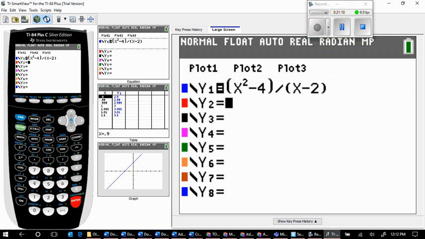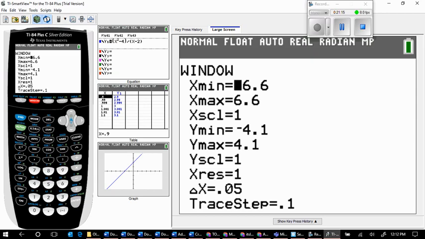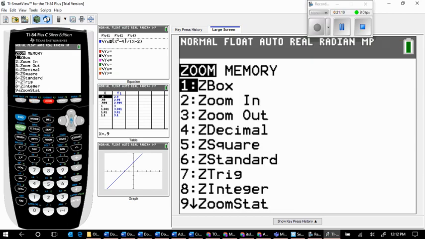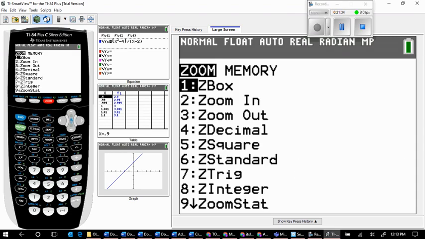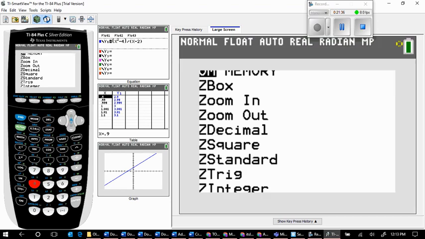For our window, we usually have a basic standard window, just like this. But again, we're going to use what's known as our DEC window. So we're going to go to Zoom decimal here, number 4.